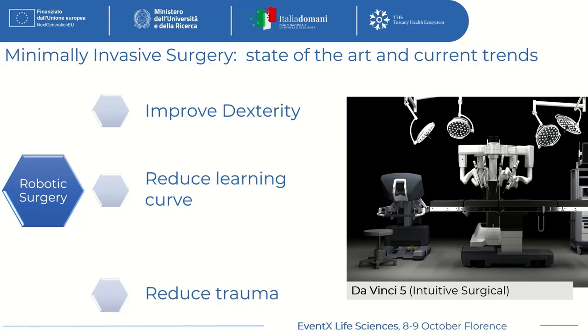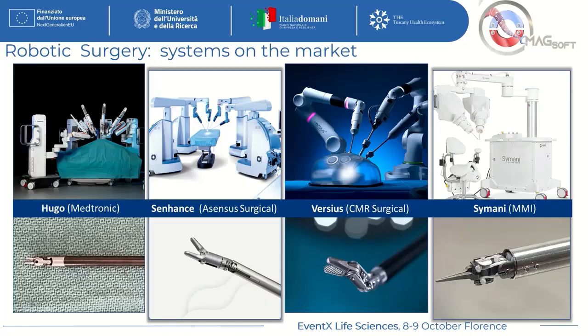And most importantly, you can reduce the trauma. And in consideration of the success of this type of operation performed thanks to the help of robots, nowadays the market of robotic surgery is very variegated. I have to say that for about 15 years, there was just one player in the market.